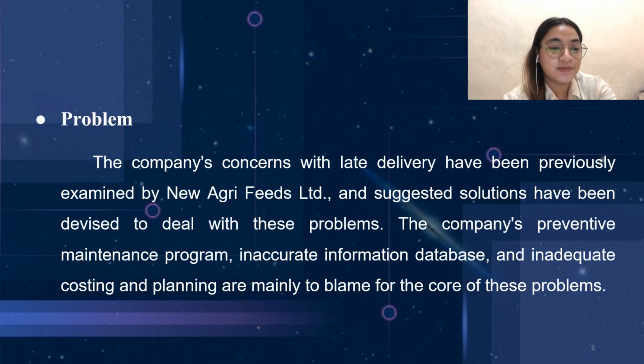And for the last, the problem. The company's concern with late delivery has been previously examined by New Agri-Feeds Ltd. and suggested solutions have been devised to deal with these problems. The company's preventive maintenance program, inaccurate information database, and inadequate costing and planning are mainly to blame for the core of these problems.